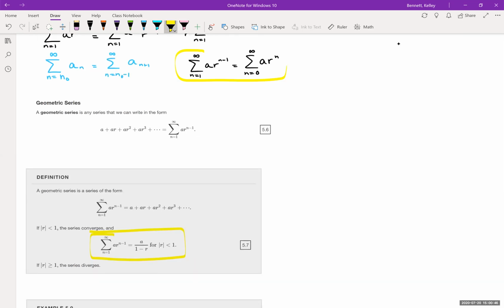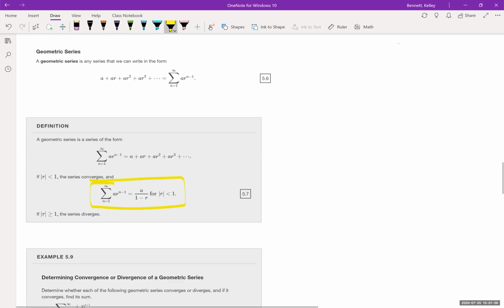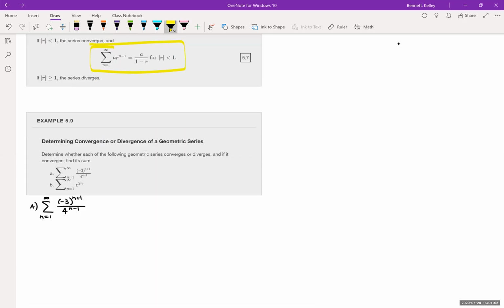You can use either of these two forms. I propose let's have it start at 1, since first of all, the example already starts at 1, and second of all, equation 5.7 is already in the form. So I want it to start at 1, and I have that, so that's good.